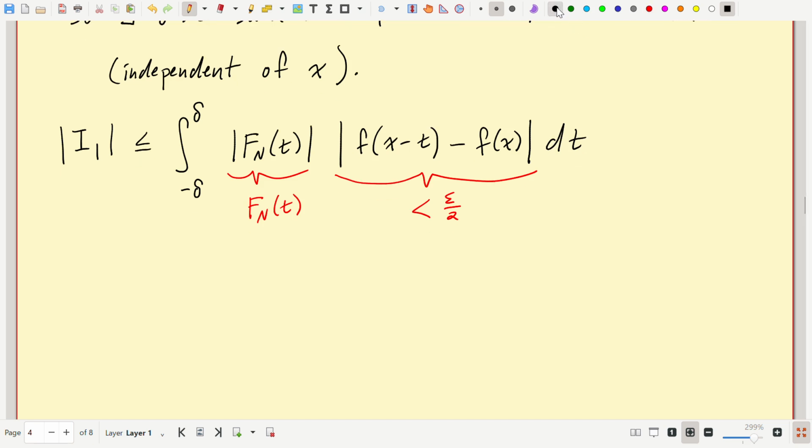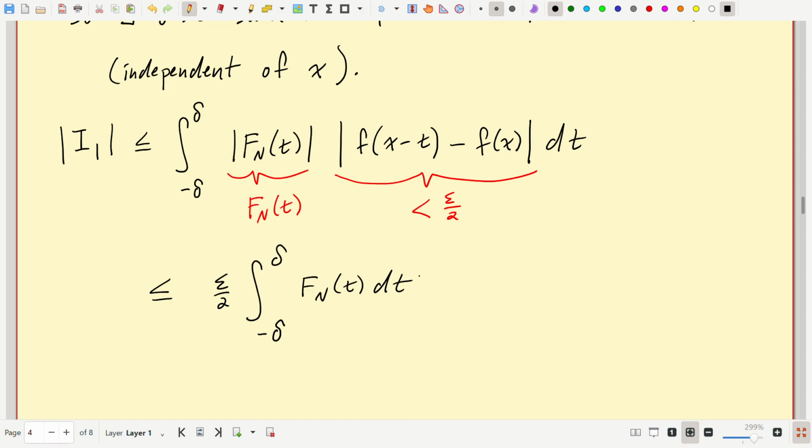And so this whole thing is going to be less than or equal to epsilon over 2 times the integral from minus pi to pi of fn of t. But you know, I know that fn of t gets gigantic at the origin. And so you say, oh, darn, this isn't going to work.